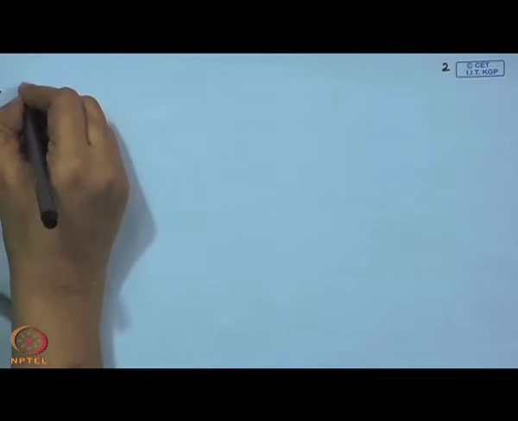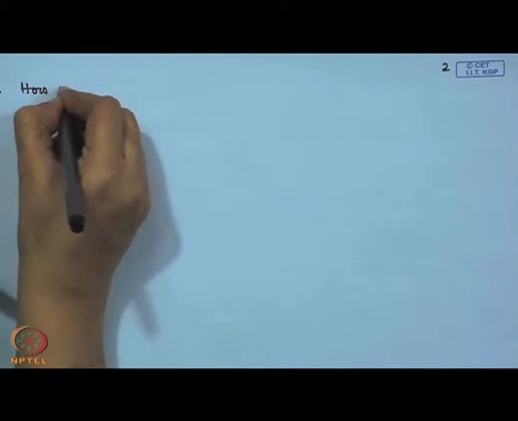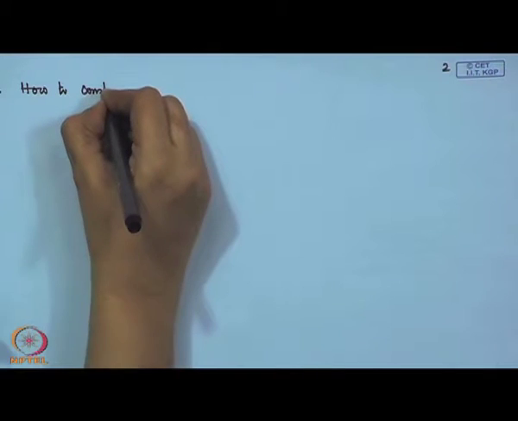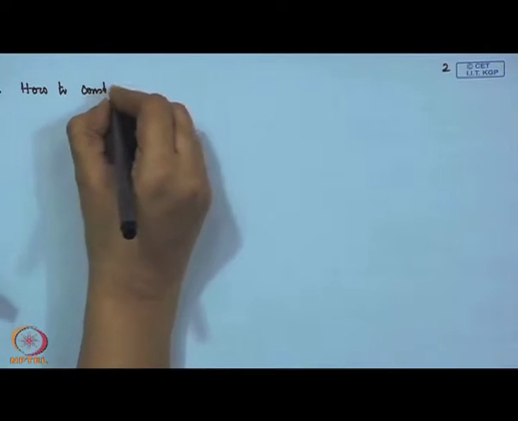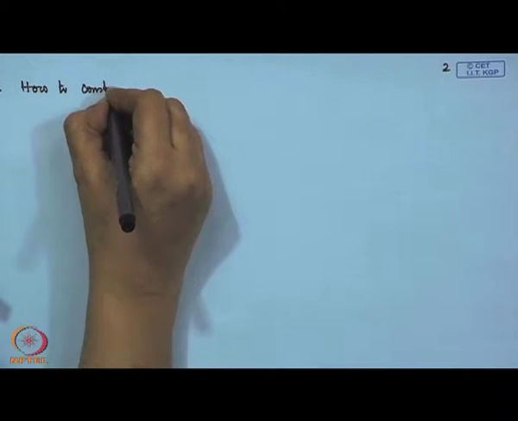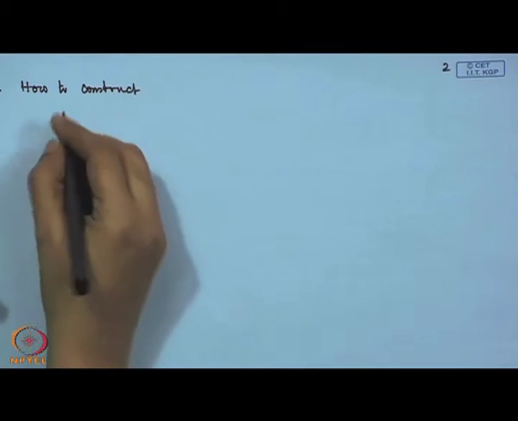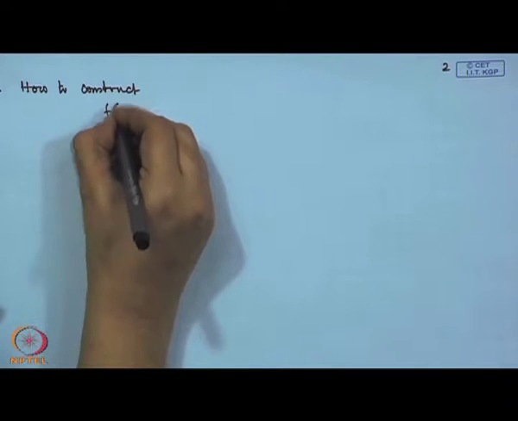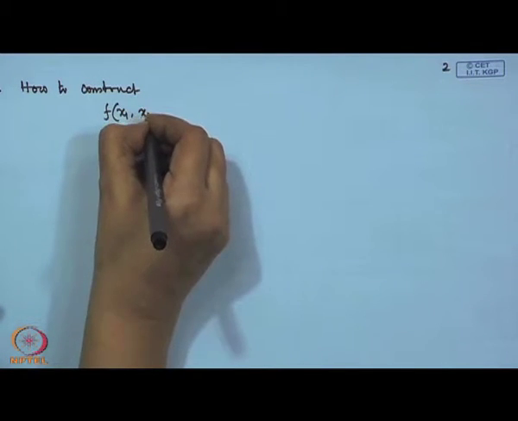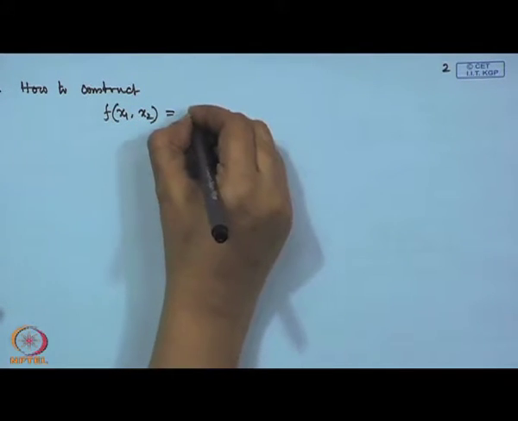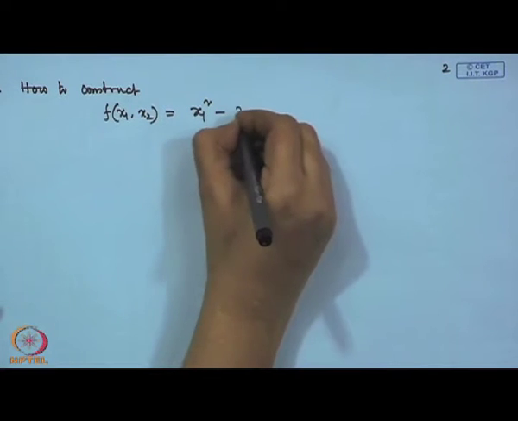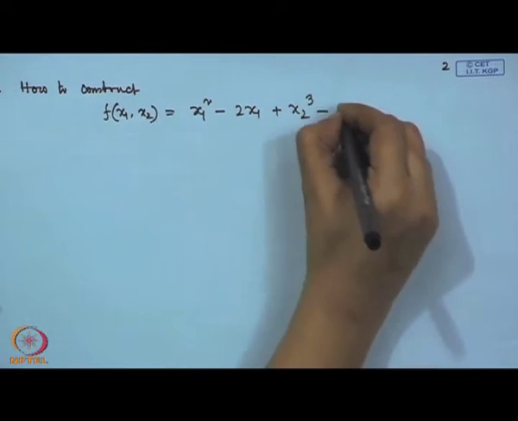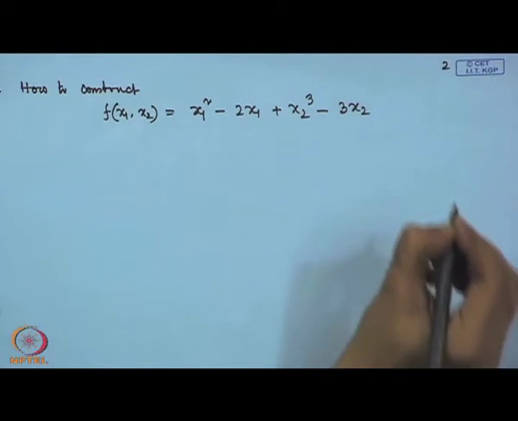The first is how to construct a separable function. Let me consider a function of two variables, f(x1, x2) equal to x1 square minus 2x1 plus x2 cube minus 3x2.